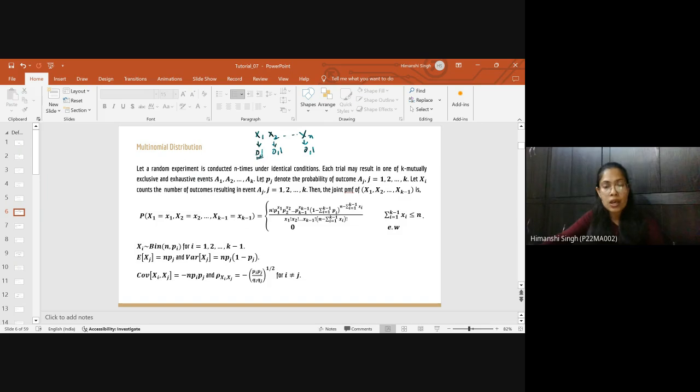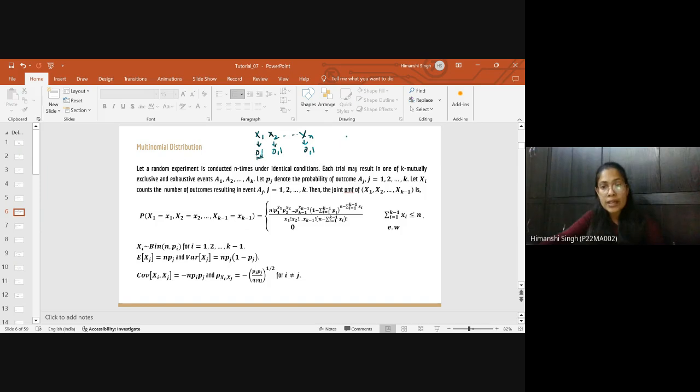So here we take this assumption and model the joint probability mass function of x1, x2, up to xn. Each trial may result in one of the k mutually exclusive and exhaustive events a1, a2, ak, and pj denotes the probability of outcome aj.